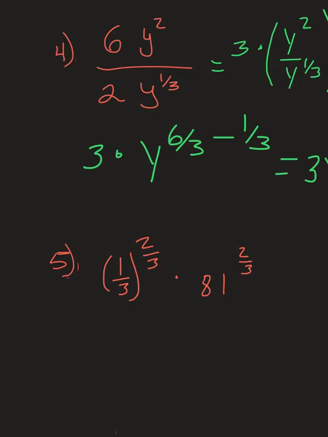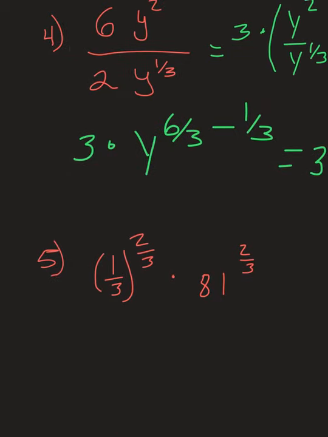Okay. So here, it's a little different, right? Normally, what we've had is a variable, all right? We've had some sort of letter, an x, a y, an a, or a b, okay? Now, we have numbers, okay? So these are handled a little bit differently.